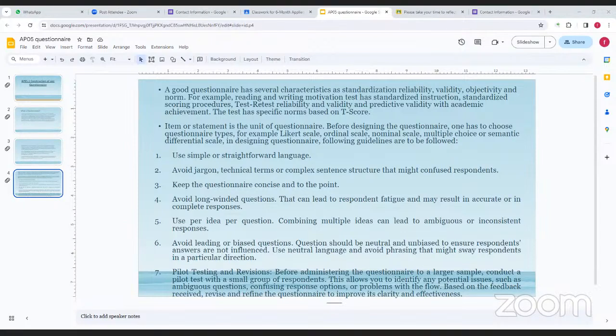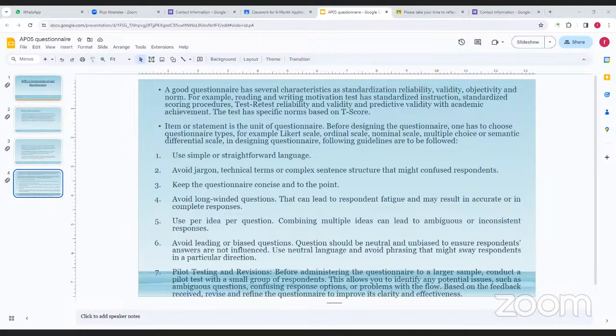Concurrent means a similar type of questionnaire will be correlated with your questionnaire. For example, I have developed one standardized questionnaire for measuring the purchase decision. You have also developed one questionnaire for measuring the purchase decision.